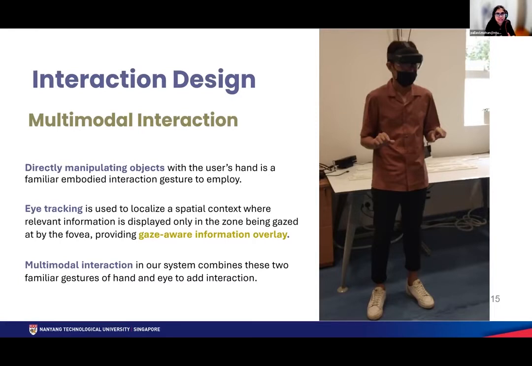This would essentially leave their peripheral vision clear and free to process other important events. So in our system, eye tracking is used to localize a spatial context where relevant information is displayed only in the zone being gazed at by the controller's eye. So this provides gaze-aware information overlay. So these 2 inputs form the basis of our multimodal interaction model.